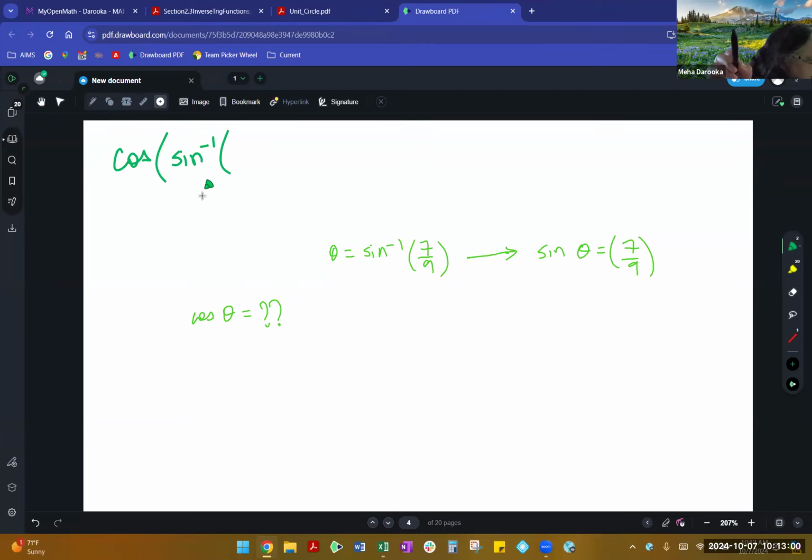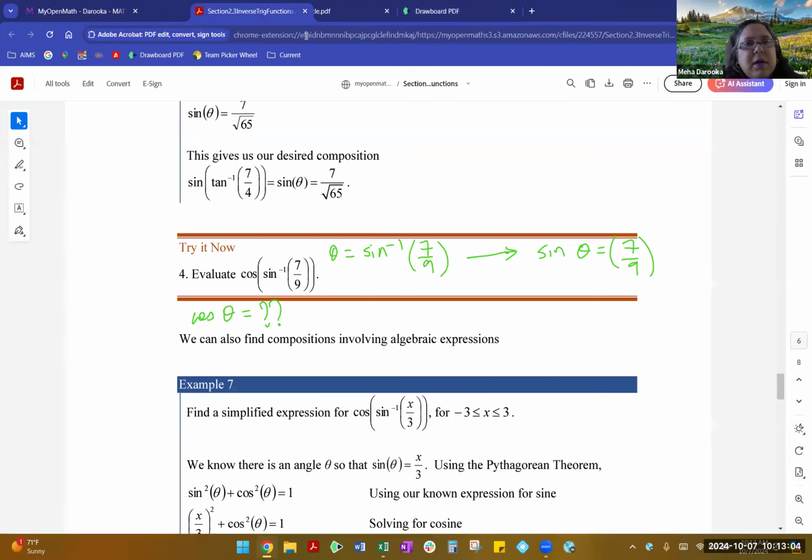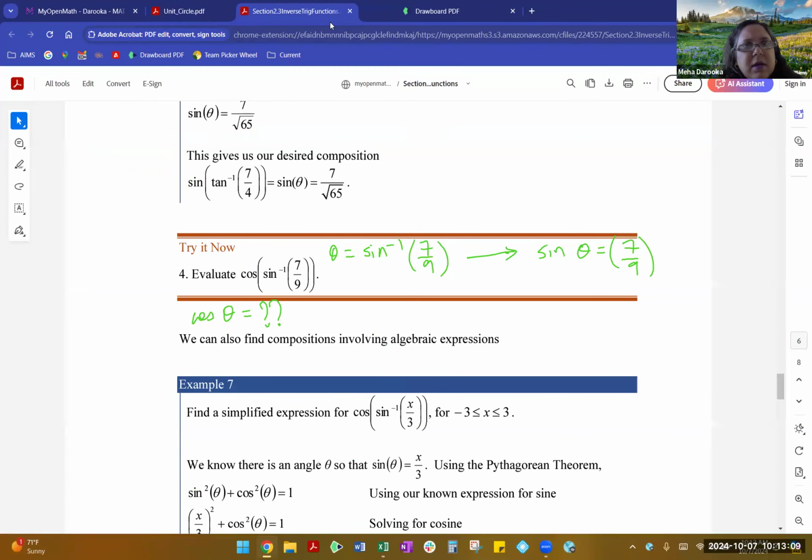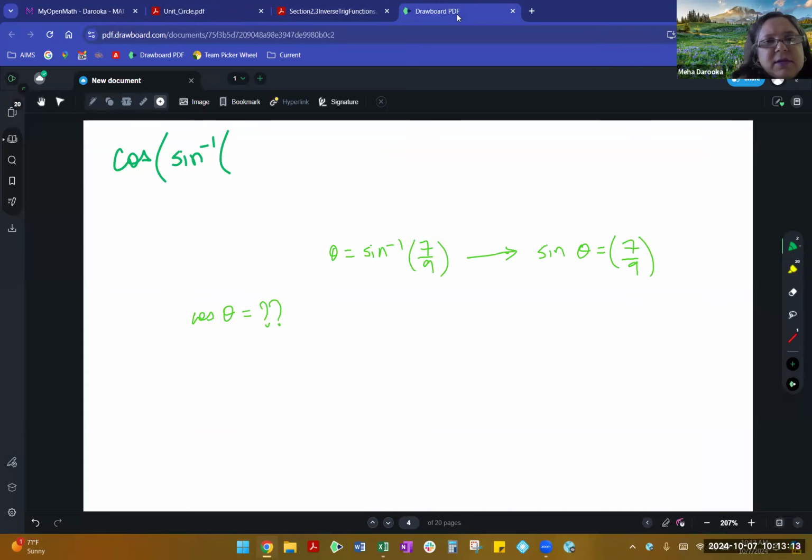Cosine of sine inverse of 7/9. Alrighty, so I am seeing answers coming through over here.